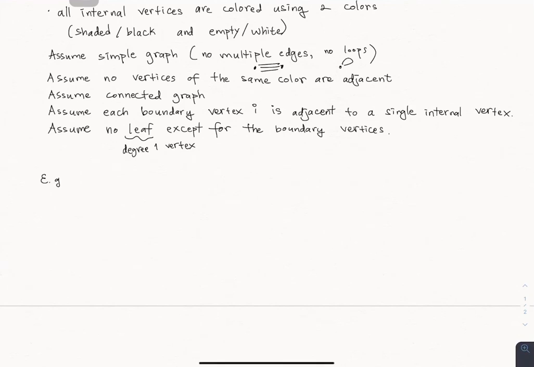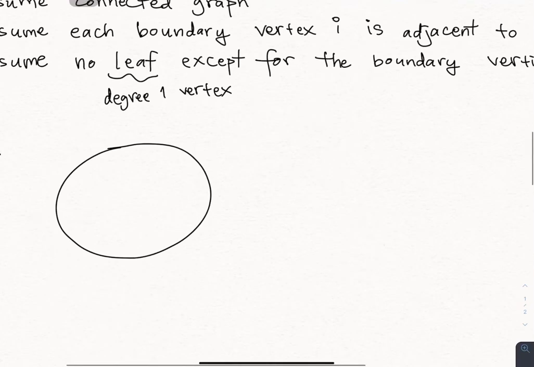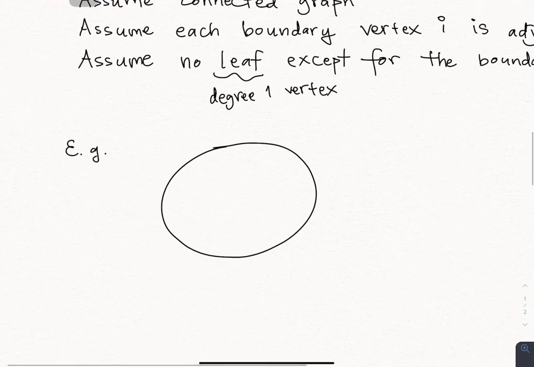For example, this is a Plabic graph. So here we have the boundary vertices 1 through 6.